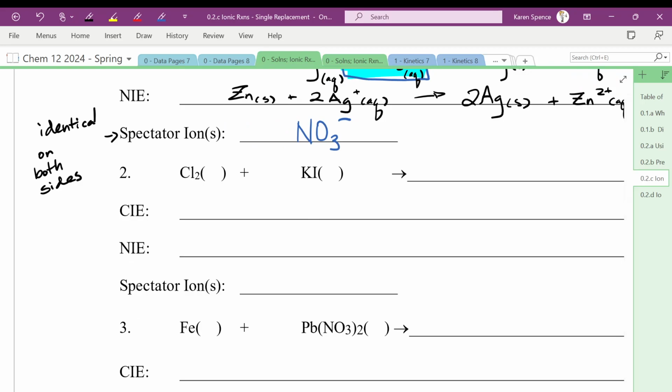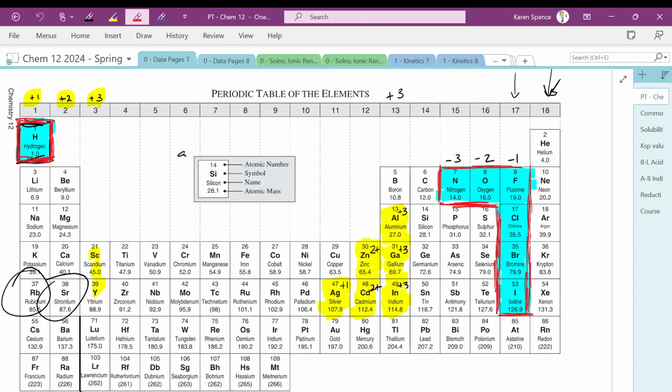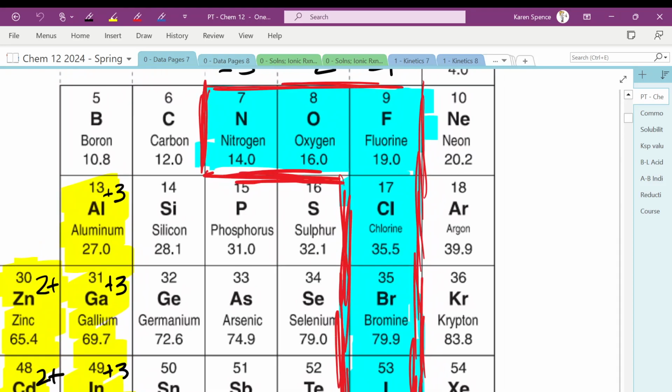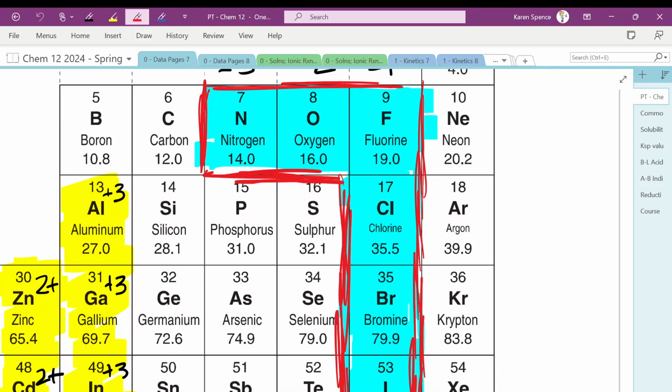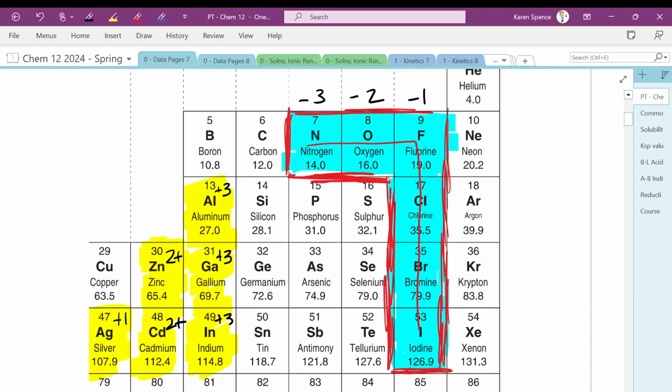What kind of a thing do we have here? We have a diatomic element. Do you guys need a review of who the diatomic elements are? Would anyone like it for their periodic table? I'm going to pull it up just in case. Do you see the blue ones? If you start on element number 7, which is nitrogen, and then you draw a 7 down to iodine, that gives you 6 of them.